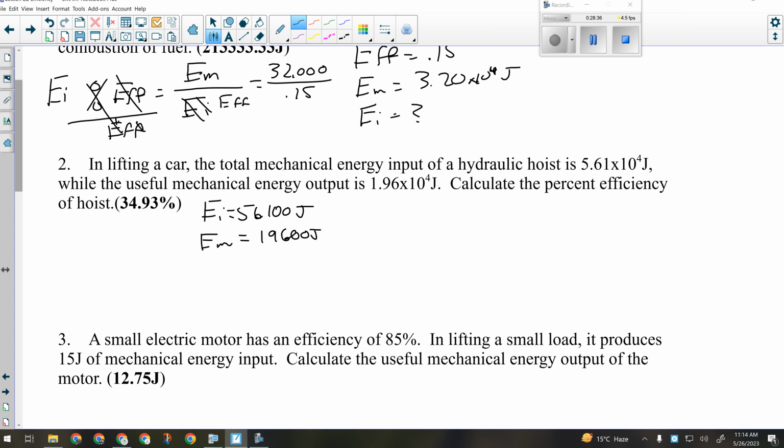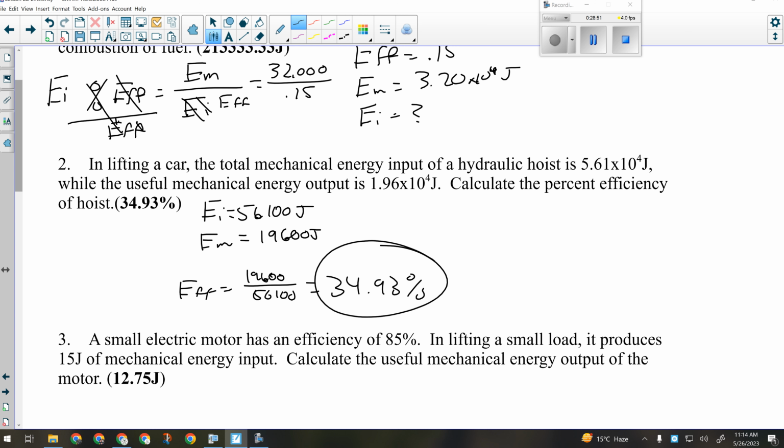Calculate the percent efficiency. Efficiency is going to be 19,600 joules divided by 56,100 joules, and that should give us 34.93%. Would you lose marks if you round to 35? Nope, you wouldn't. In fact, I think on the test, I don't even have any decimal places on the answer.